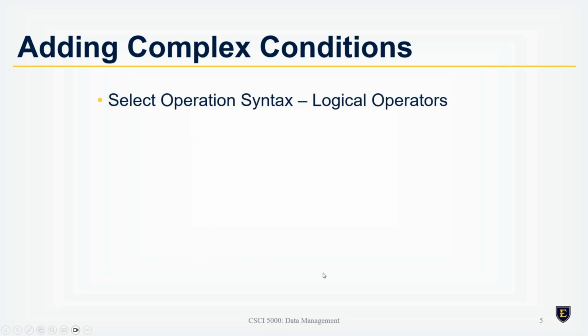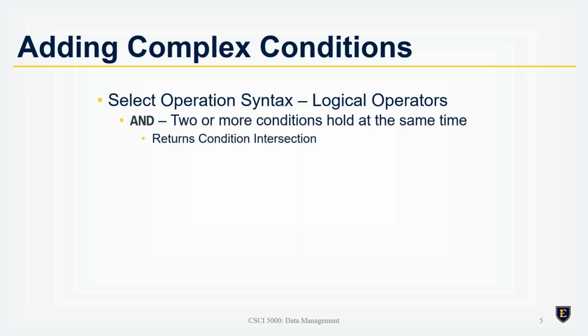We also have the ability in MySQL and other SQL syntaxes to do logical operations, connecting more than one of the inequalities or equality operators that we just spoke about. You can do that through logical operators. With and, two or more conditions hold at the same time, so it really returns the intersection, where both of them are true at the same time.